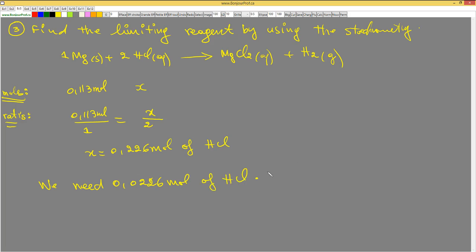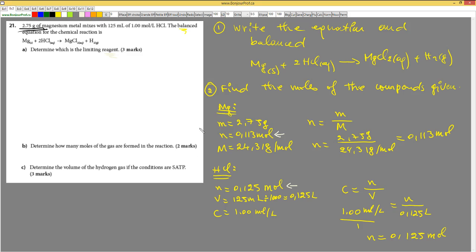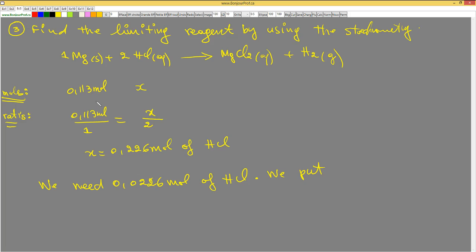But what did we put? Now we're going to come back to the one that we ignored before. How much did we put? 0.125. So we're going to write it here: we put 0.125 moles.